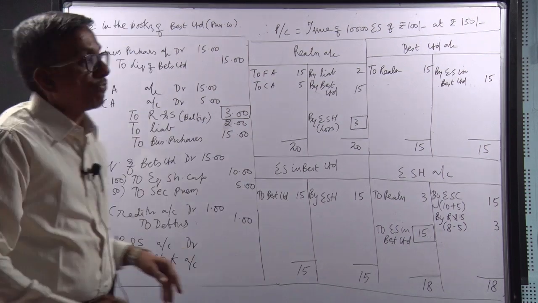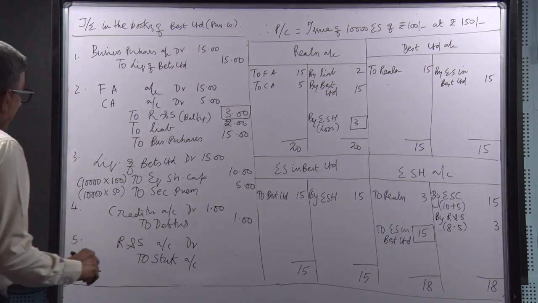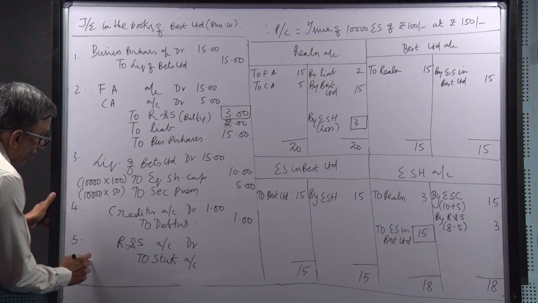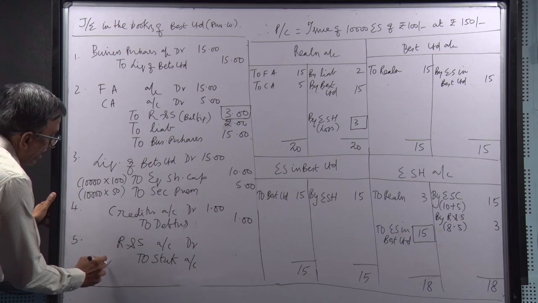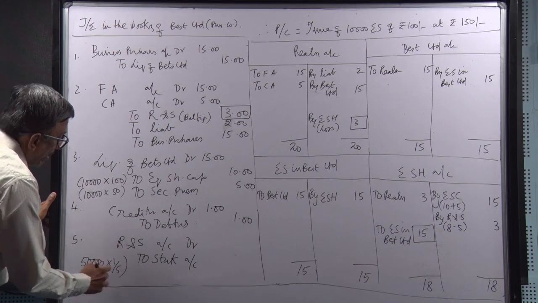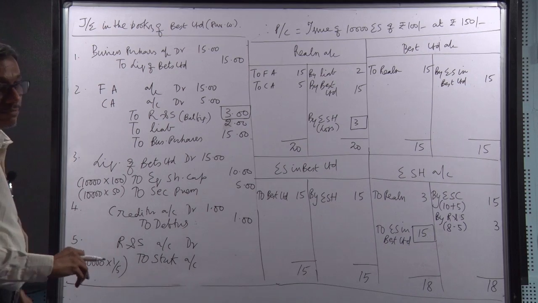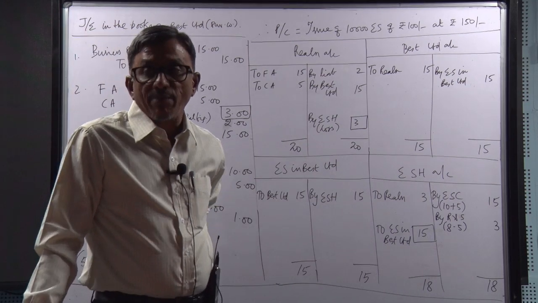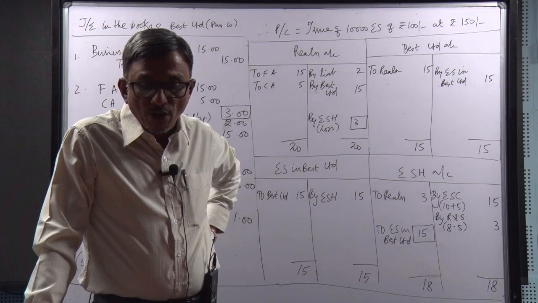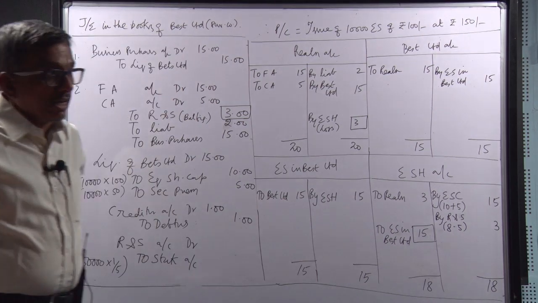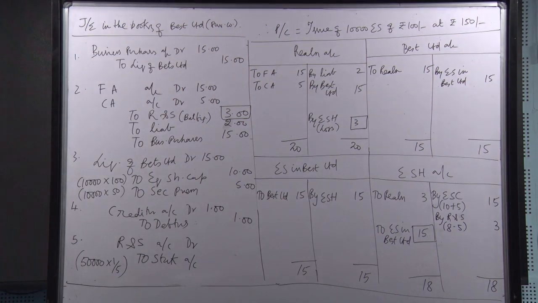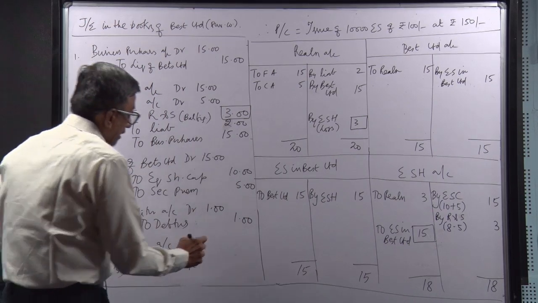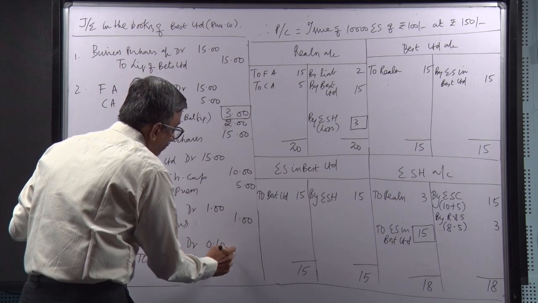What is the amount of the unrealized profit on stock? It will be 50,000 into 1 by 5. Why did I put 1 by 5? The profit is 25% of cost, that is 1 by 4 of cost. If the profit is 1 by 4 of cost, it will be 1 by 5 of selling price. That's why I put 1 by 5 of 50,000. That will be 10,000 rupees.